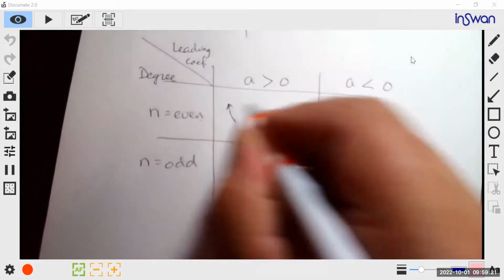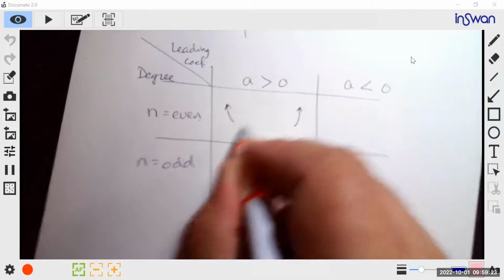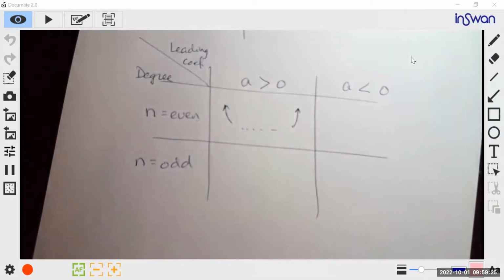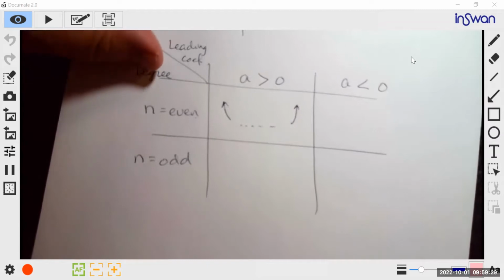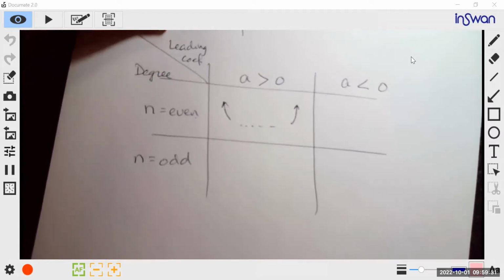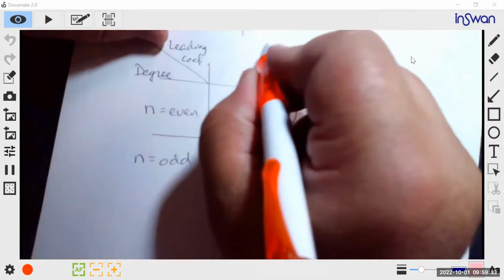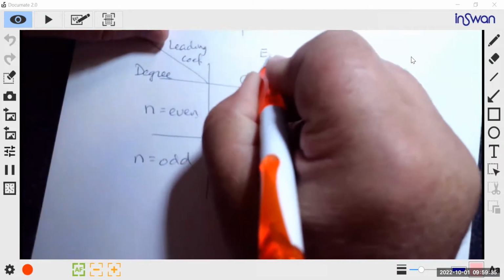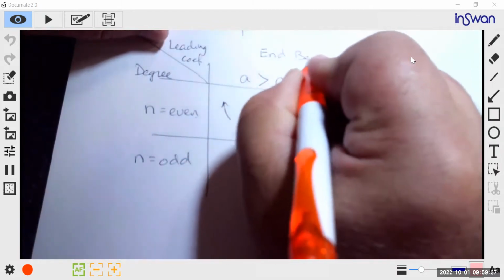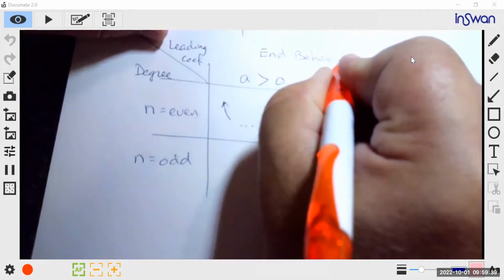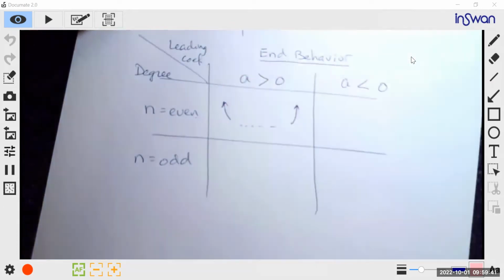Both ends will be facing up. What happens in the middle, we don't know. It could be a bunch of ups and downs, but we know that both ends point the same direction, up. This is what we call end behavior.